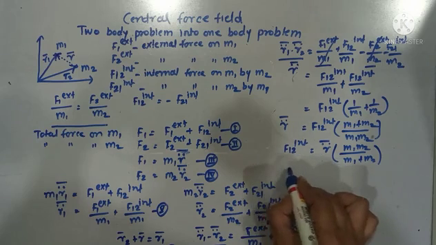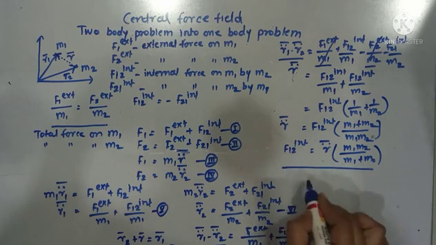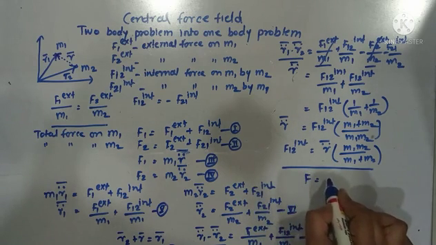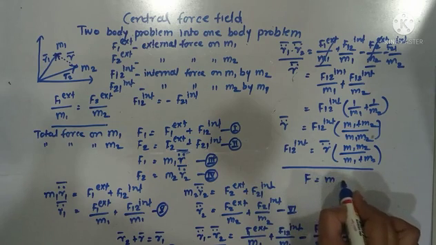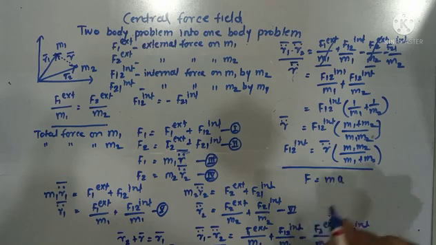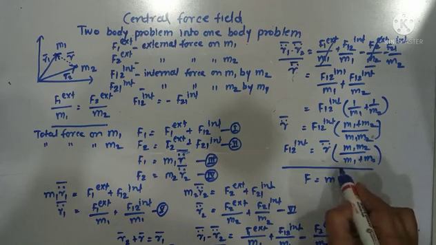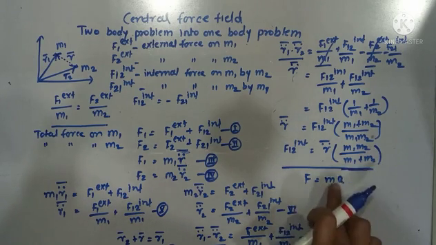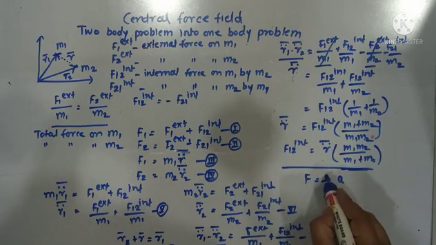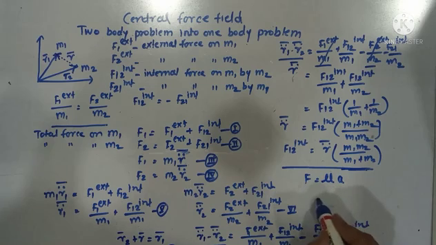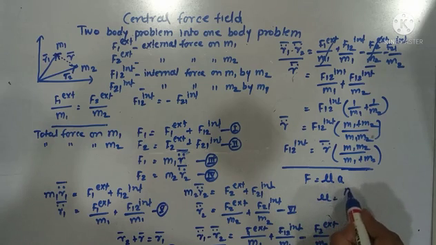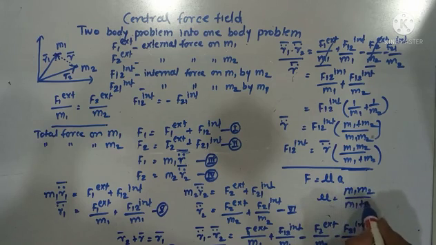So this is again in the form of f is equal to m into a, where this mass is replaced by mu, where mu is equal to m1 m2 upon m1 plus m2.